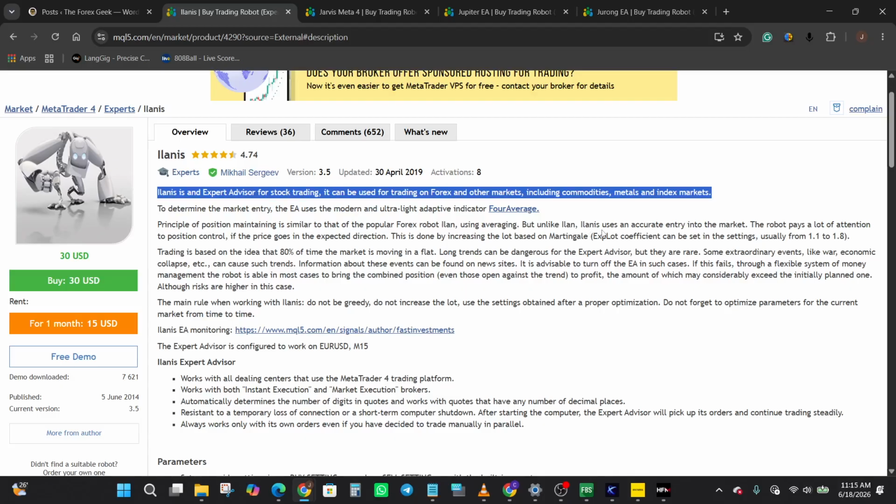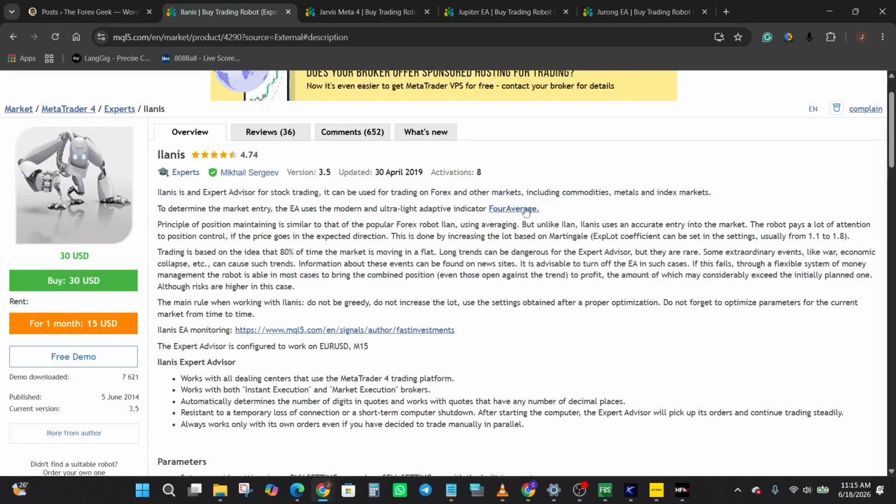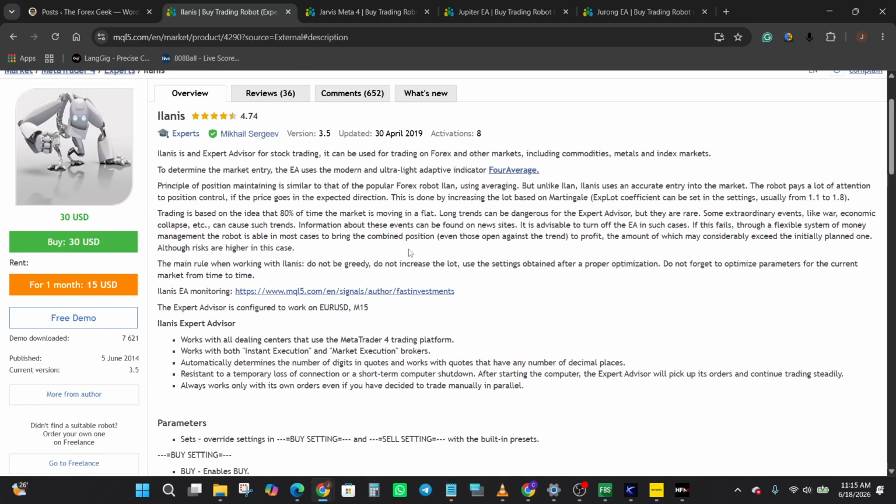The developer explains that market entries are determined using an adaptive indicator called FourAverage, which is described as a modern and lightweight adaptive indicator. The position management approach is also explained in the description.